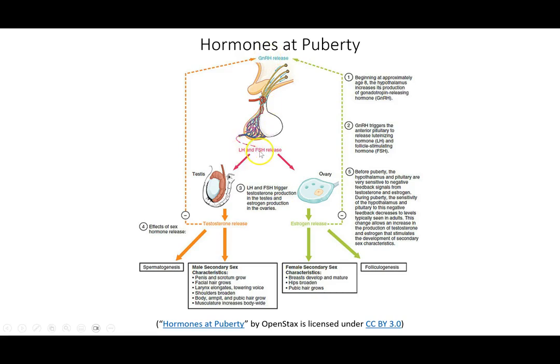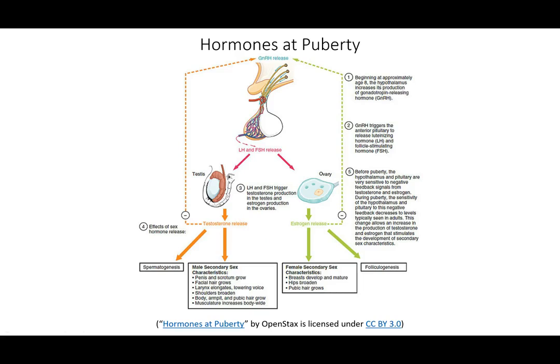We get LH and FSH going to the testes and ovaries, depending on that individual's anatomy. We'll get that testosterone production, estrogen and progesterones, and those will start the development of what are called secondary sex characteristics. So these are what we actually see in individuals.